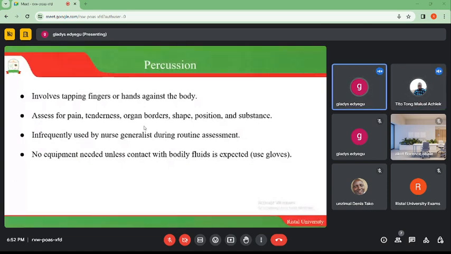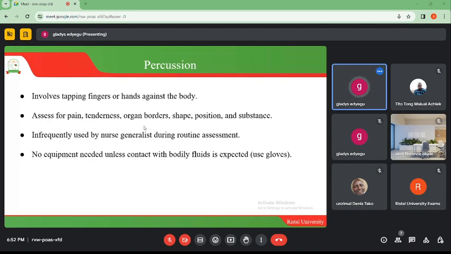When you're percussing, especially when you're a right-handed person, you put the left hand on the body that you're going to percuss. Then you use your other middle finger from the right side to tap on the middle finger of the other hand. And when you do that, you're able to hear the sound. It depends on the area that you are percussing. Remember, different areas give different sounds.